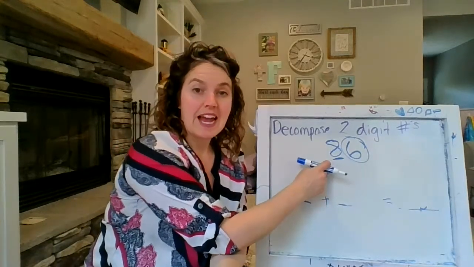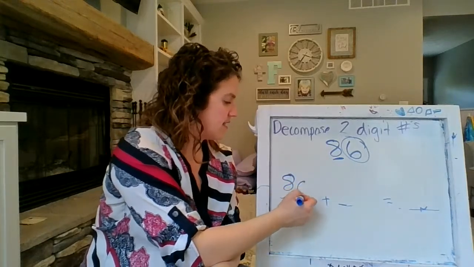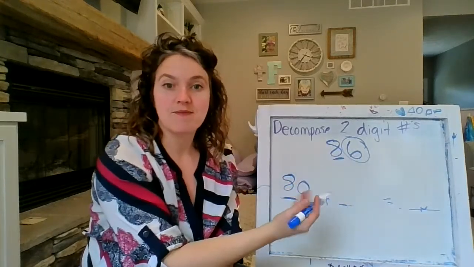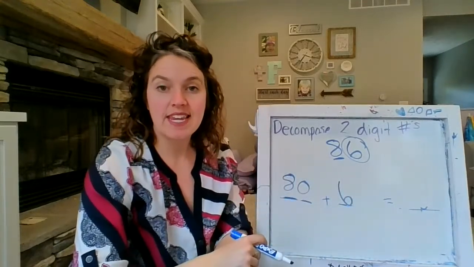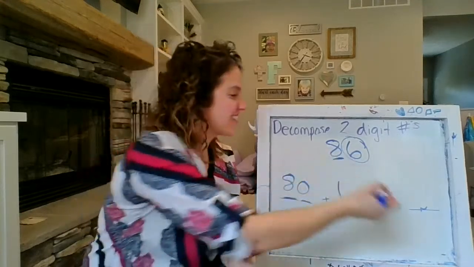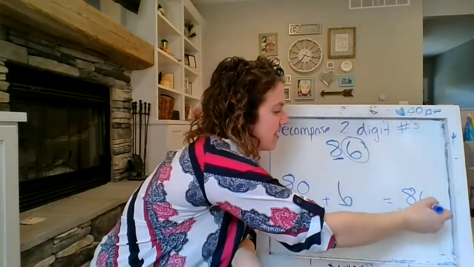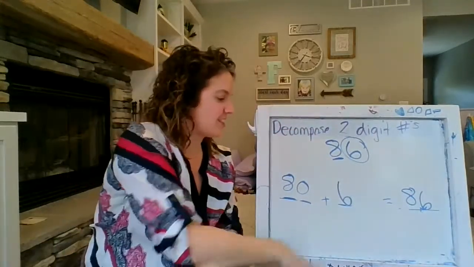So this 8 actually means 80. And this 6 means 6. So we have 80 plus 6 equals 86. All right, and just for a quick challenge, let's see if you can do this.